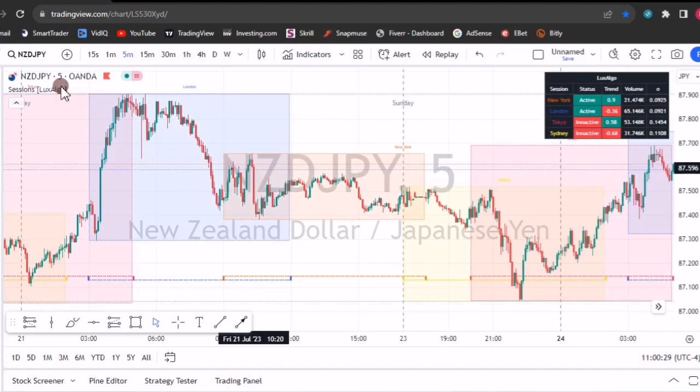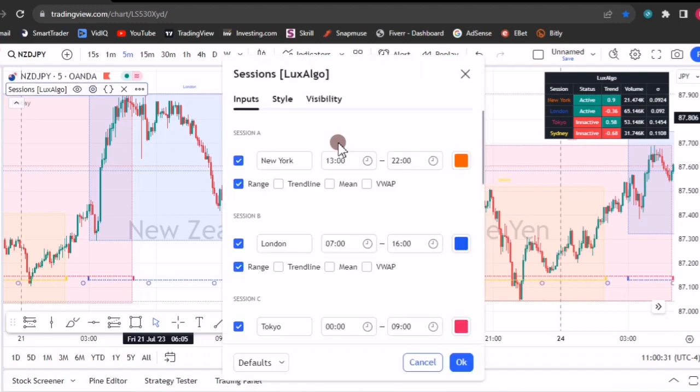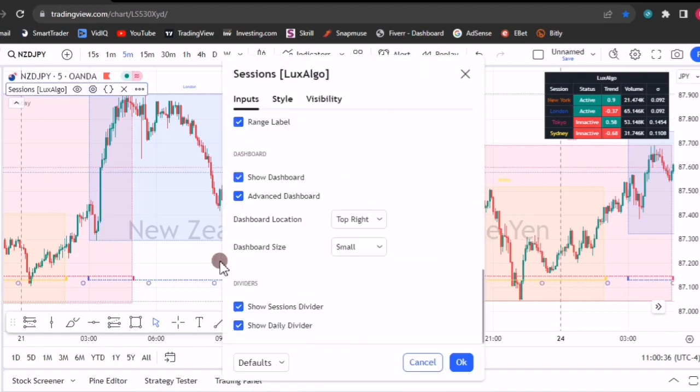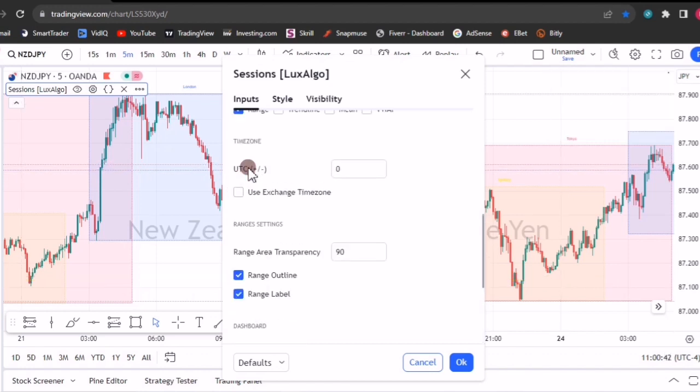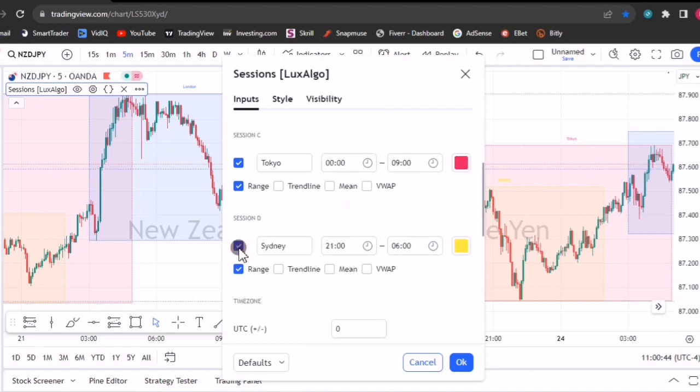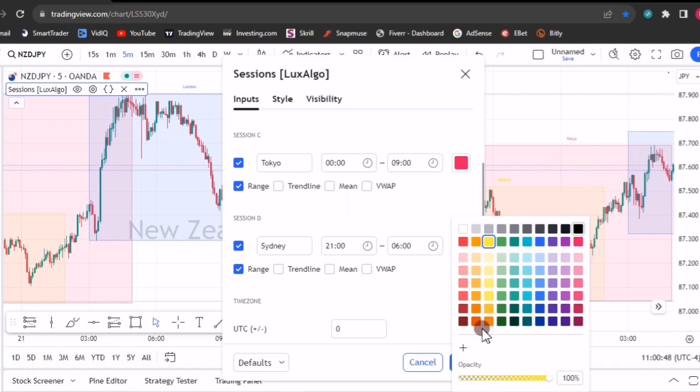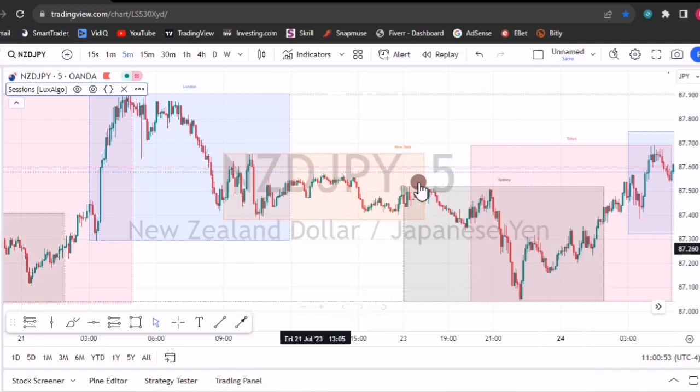This is what you are going to see. Go to the settings of the indicator and scroll down to the bottom under inputs and uncheck all the last 4 boxes. And then when you get to Sydney, change that yellow color and put black so that it's visible, and then you press OK.